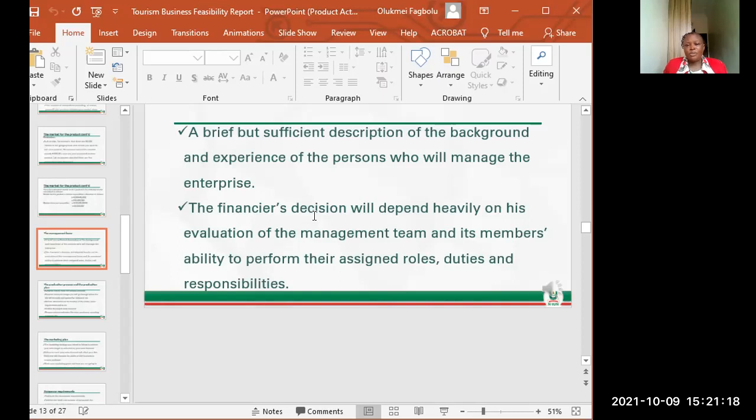So in this section, we are going to describe the number of people that will form the team. And also, we are going to state their qualification, their background, the type of experience, maybe the number of years they must have worked in the industry before coming to join this new team. Then we talk about their benefits.